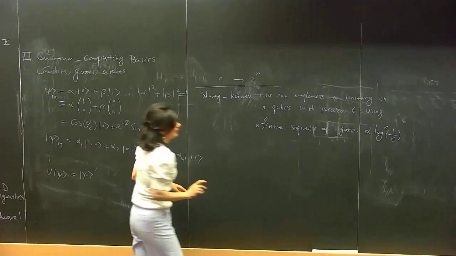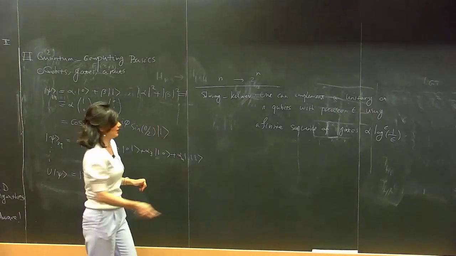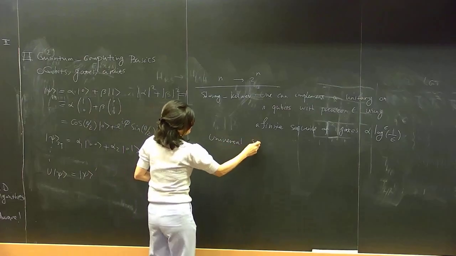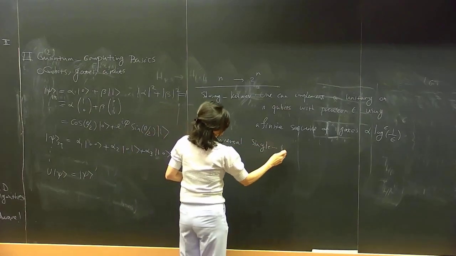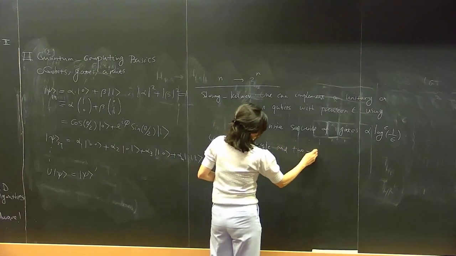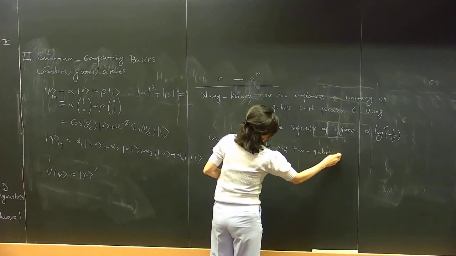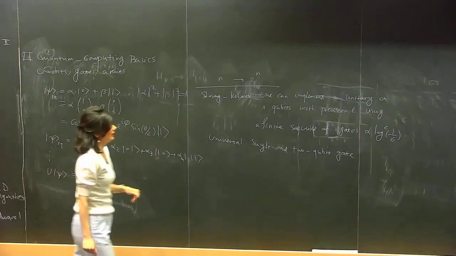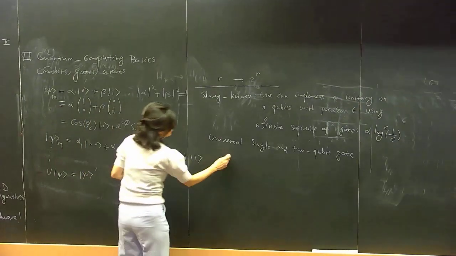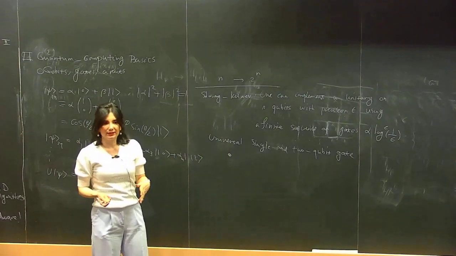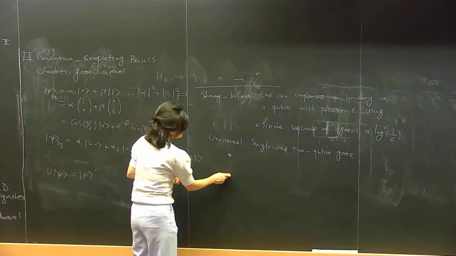But just take it from me that you can do these operations using a set of universal single and 2-qubit gates. Or if you like, you can define 3-qubit gates as well, if that helps, but usually single and 2-qubit is good enough. So what would be examples of, at least 2 classes of examples?